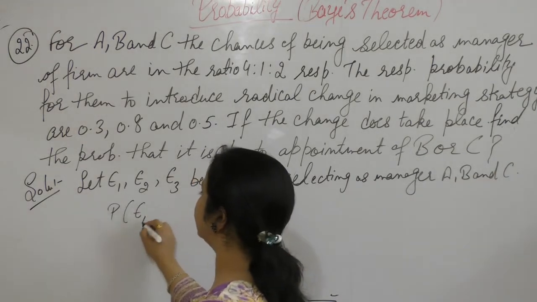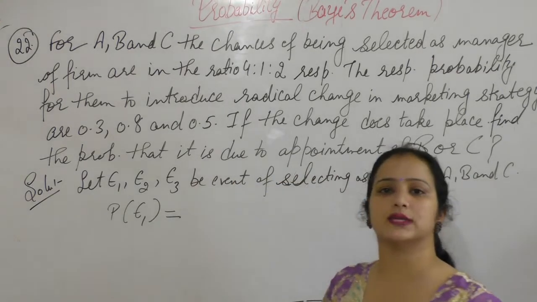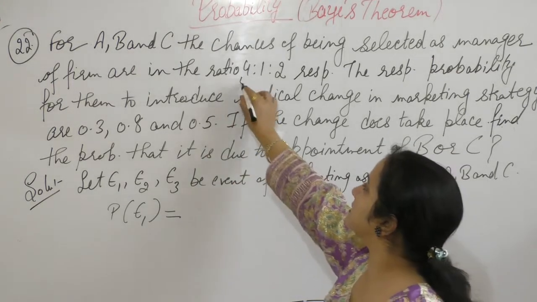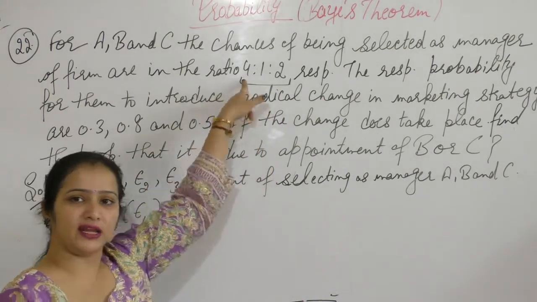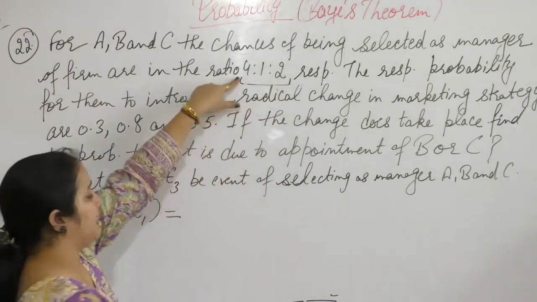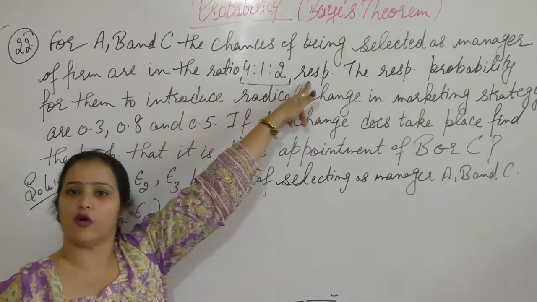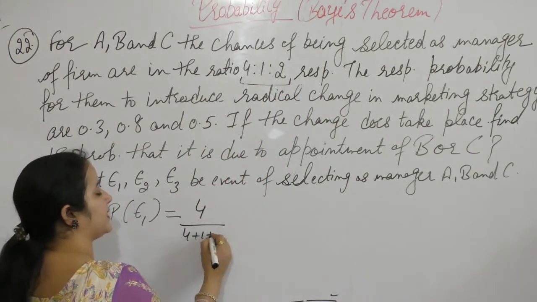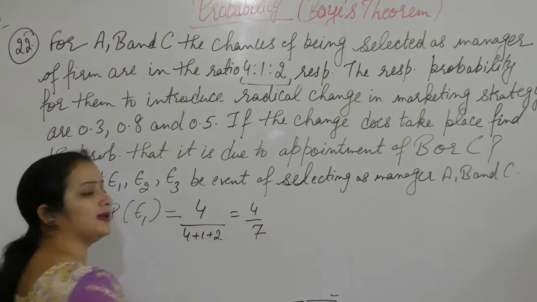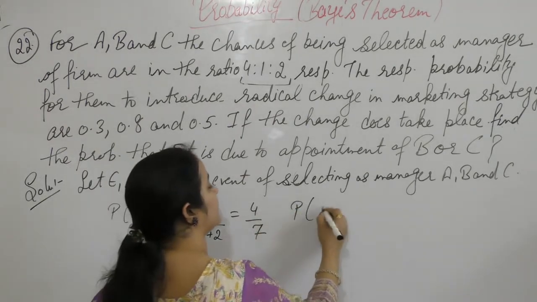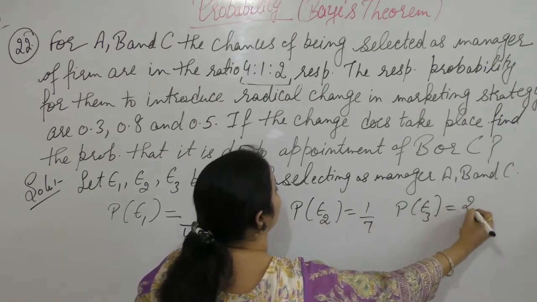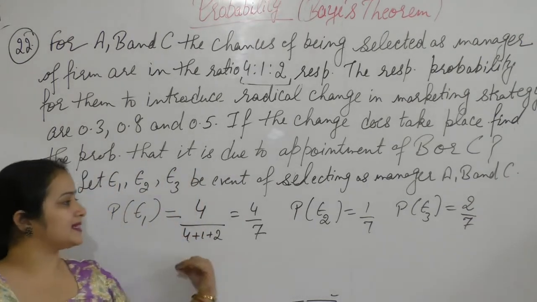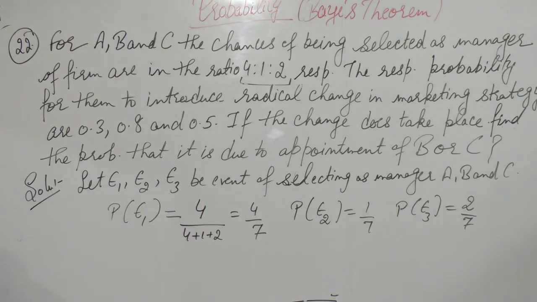Probability of E1: the probability that E1 is selected as manager, what is it? If the probability is given in ratio, first is for A, B and C. So for A, 4 upon the sum of all these ratios, 4 plus 1 plus 2, so 4/7. Similarly, probability of E2 is 1/7 and E3 is 2/7. Probability of E1, E2 and E3 are 4/7, 1/7 and 2/7.